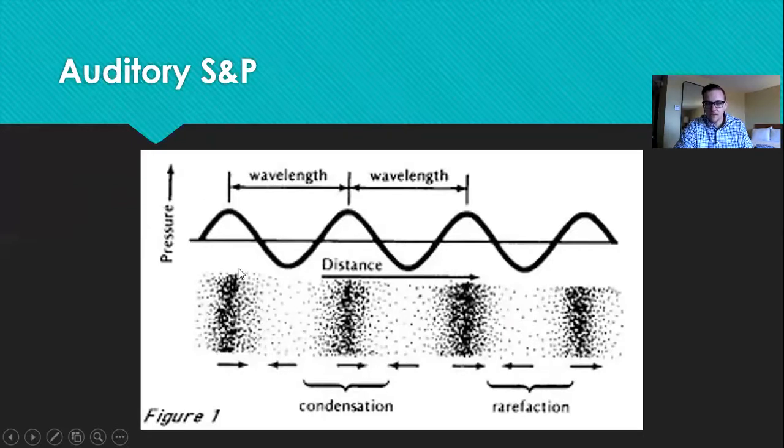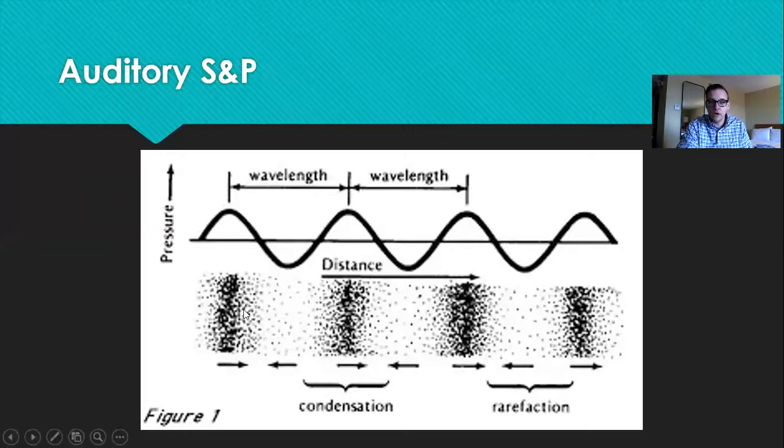Well, imagine there was another condensation right here, another one right here, and another one right here. That would mean that this wave would go up, down, up, down, up, down, up, down. And so there would be a shorter length between the crests, and a shorter length between the troughs. That changes the wavelength.